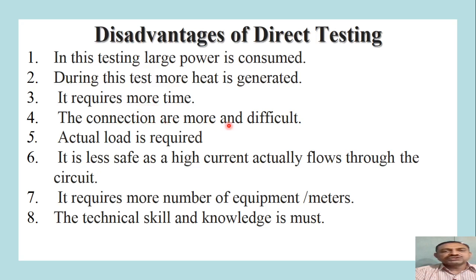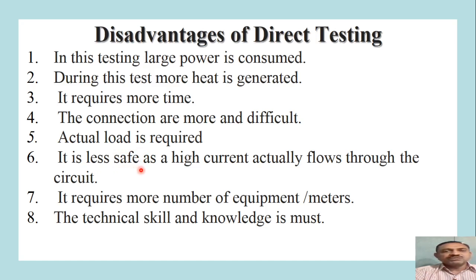The connections are more and difficult as each and every parameter is to be monitored or noted for the performance calculation, so connections are complicated and more. We require to put the actual load, so a loading arrangement must be available to do this testing by directly loading it.